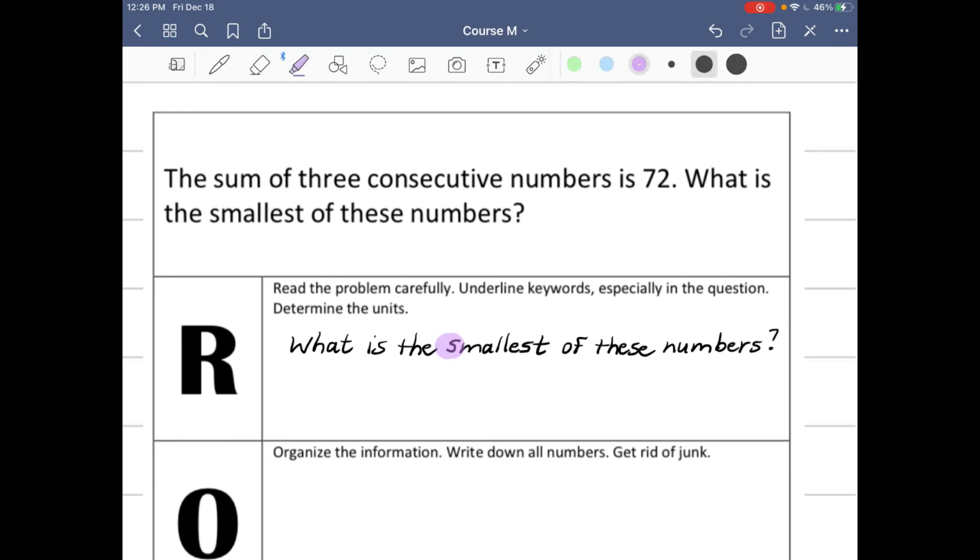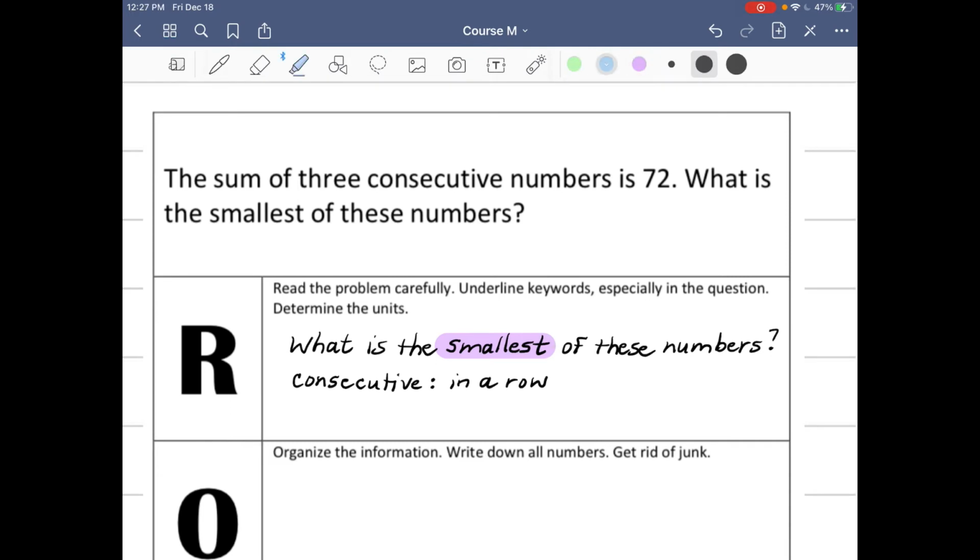Another word that you need to know is the meaning of consecutive. Consecutive means in a row. So you need to know what that word means to understand this problem.